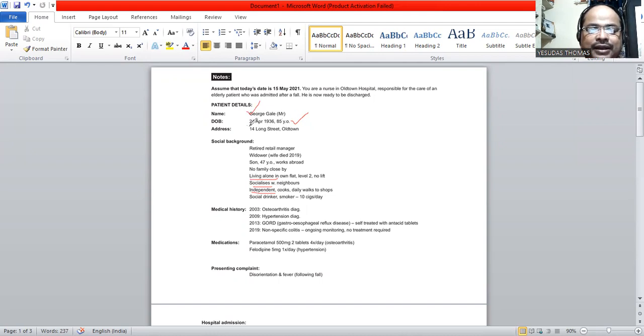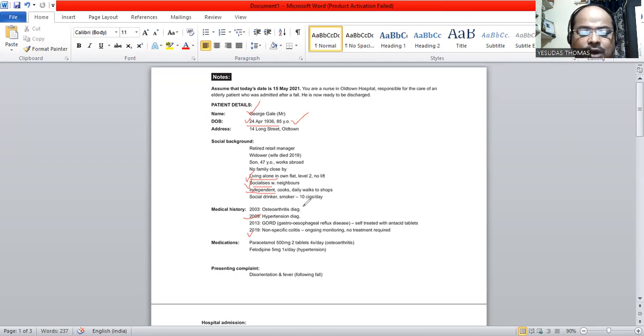I go with the date of birth instead, because we are in a different time frame. So I go with the date of birth, name. Okay, these 3 things. Then I went with hypertension. Then I went with this non-specific colitis.